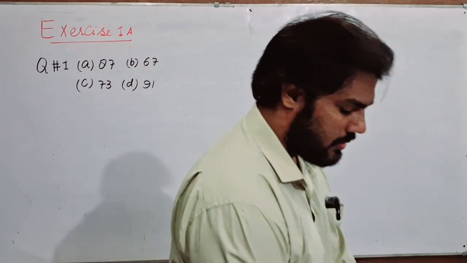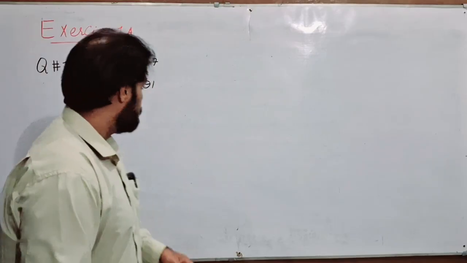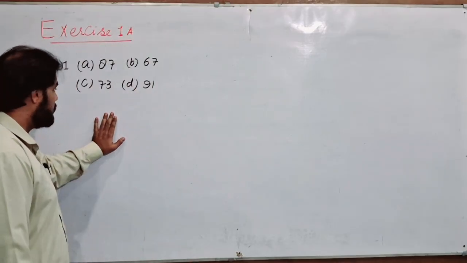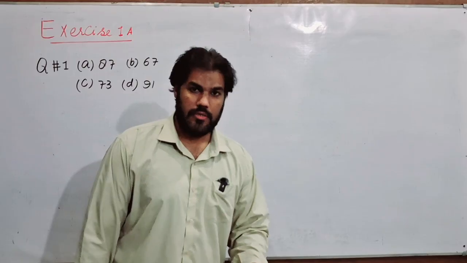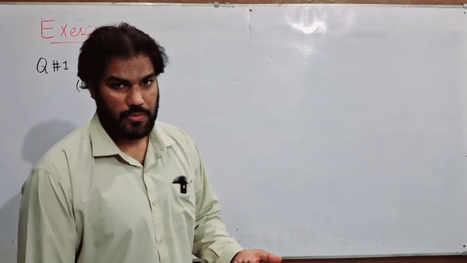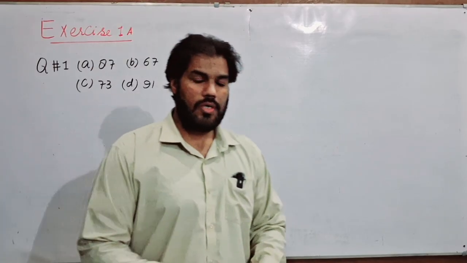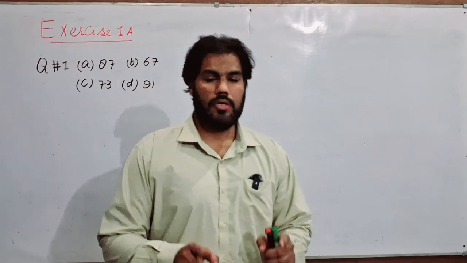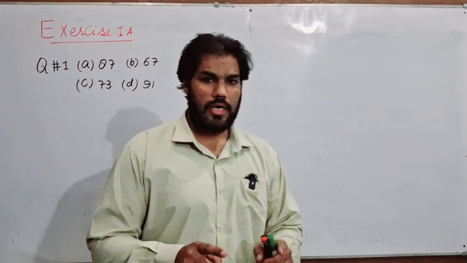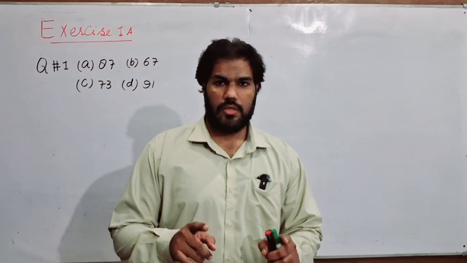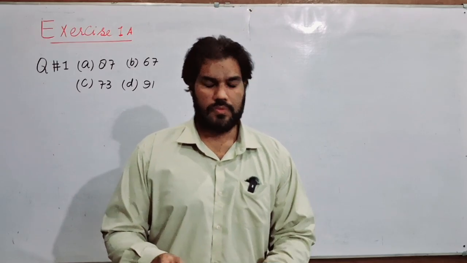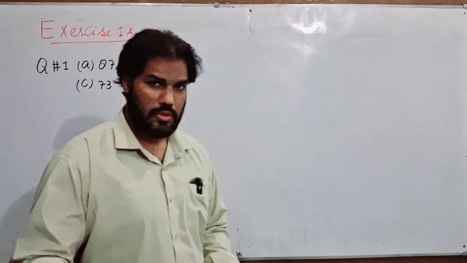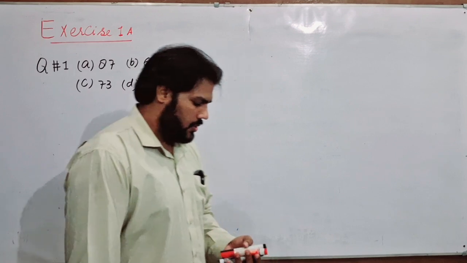We have these four numbers given, and we have to check which of the numbers is composite and which is prime. To understand today's lecture, you should have an idea about test of divisibility and primarity test. I will revise all of these things during our discussion.